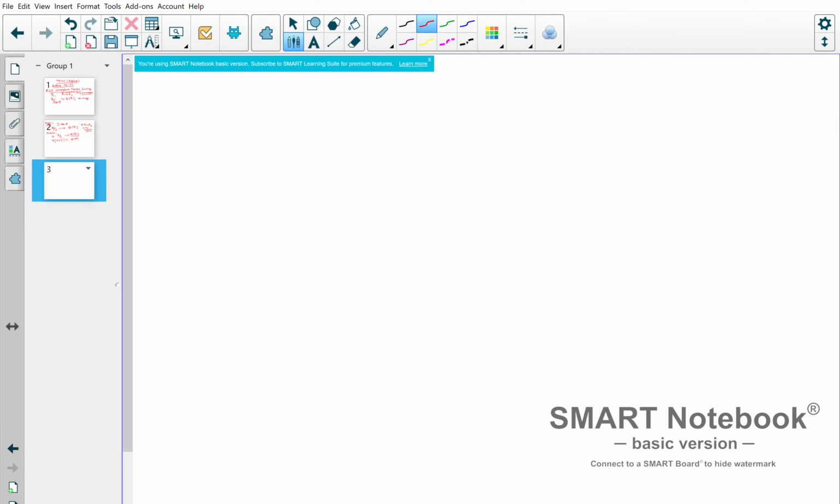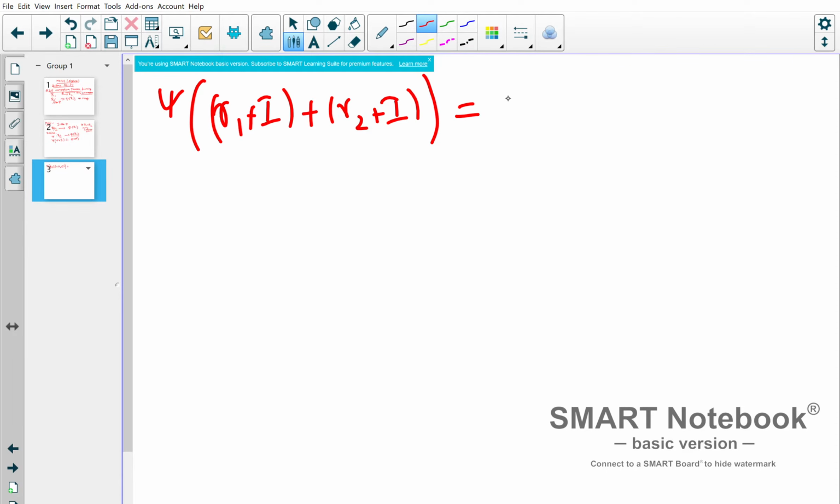I need to check that suppose you have two elements R1 and R2. So psi of R1 plus I, and another element R2 plus I. This is a ring homomorphism, so we need to check two properties. First, addition: this will be nothing but psi of R1 plus R2 plus I, the addition of the elements, and by definition this is phi of R1 plus R2.